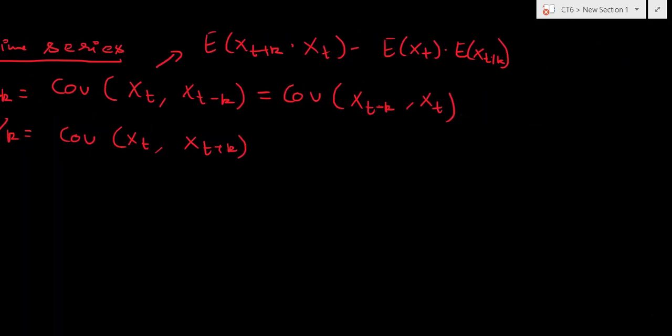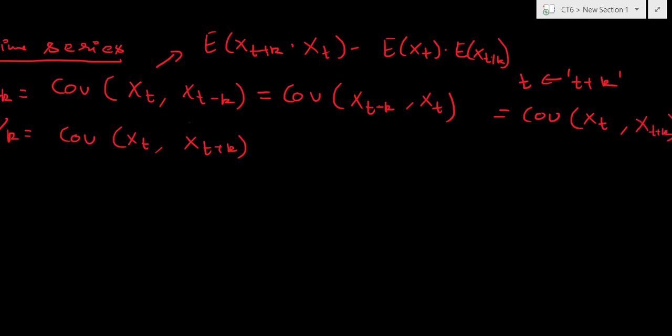And now this t can be anytime, any random time. So if in place of t I put t plus k, then the covariance becomes the covariance of x at t plus k minus k, which is the same as xt, and the second term just becomes x t plus k.